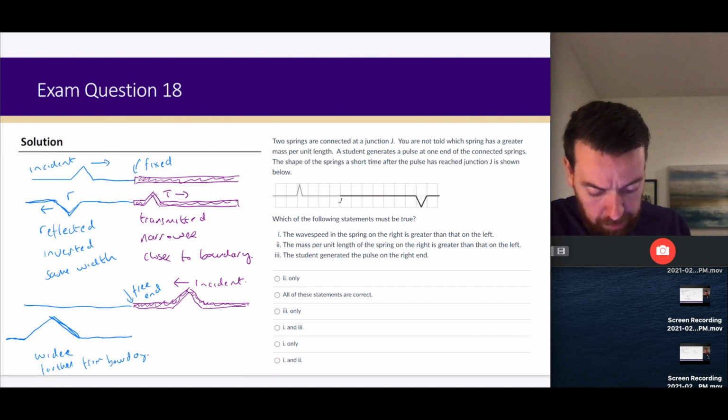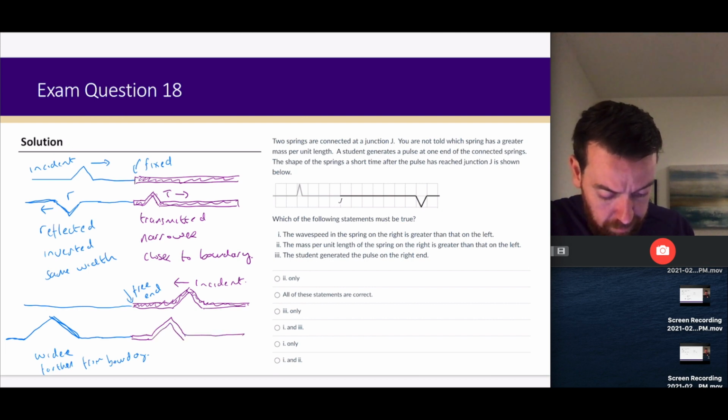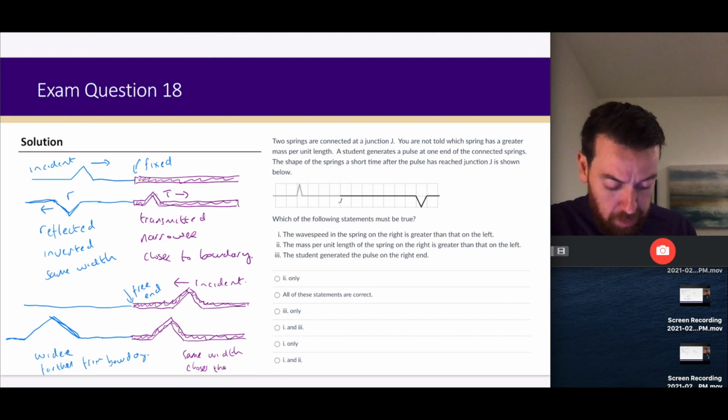And then on this side, we should get a reflection on the same side, closer to the boundary and the same width as the incident. So the same width as the incident, and closer to the boundary than the transmitted.